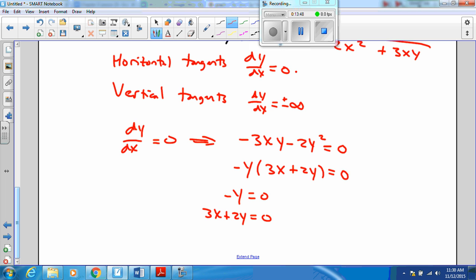Well, the y equals 0 part I understand pretty well. This part is very interesting because what it gives me now is a relationship between x and y. It does not give me a value for x, it does not give me a value of y, but it does tell me that y is going to be equal to negative 3/2 of x.